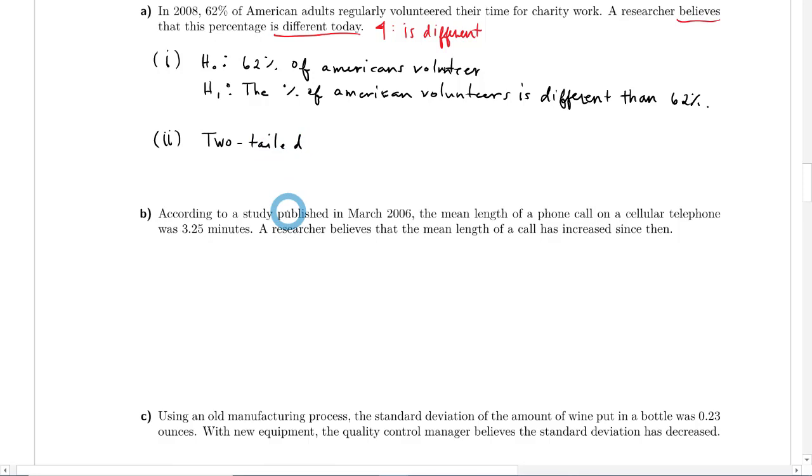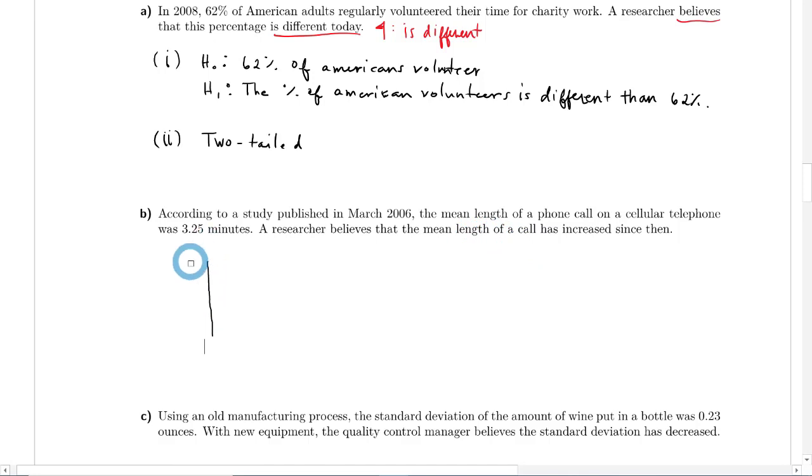All right, going to the second scenario with the cell phone call. According to a study published in March 2006, the mean length of a phone call on a cellular telephone was 3.25 minutes. A researcher believes that the mean length of a call has increased since then.